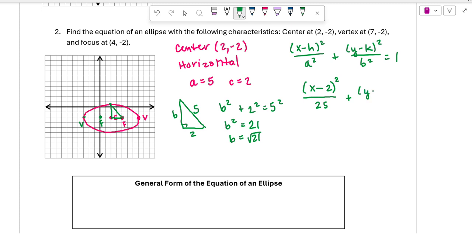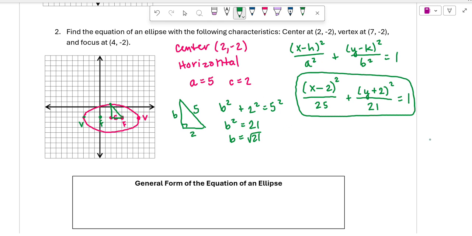And then our y minus a negative 2 makes plus 2, squared, over our b squared, which is down here, 21, and that is equal to 1. And that is the second equation of an ellipse on this page.